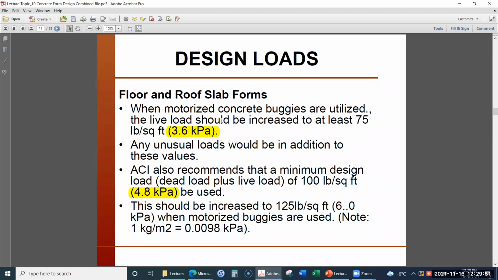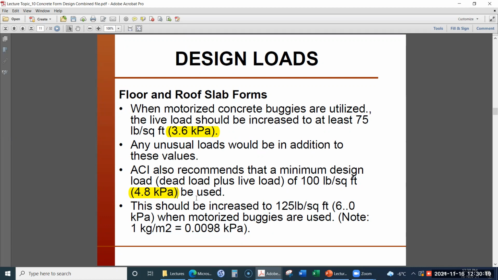For example, if you calculate the live load to be 2.4 kilopascal and the dead load to be 1.2 kilopascal, 1.2 plus 2.4, that is 3.6 kilopascal. You will not use 3.6 kilopascal. You will use at least 4.8 kilopascal. This is just to remain on the safer side, and it is recommended by the code.